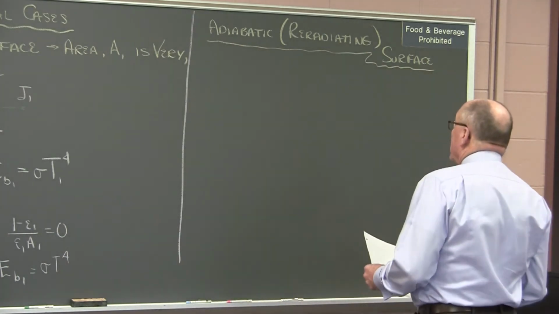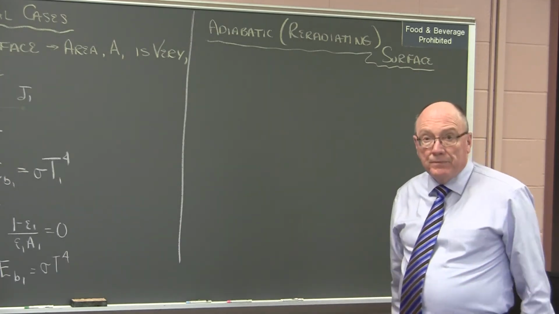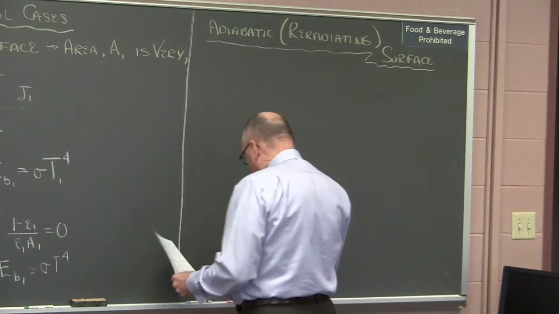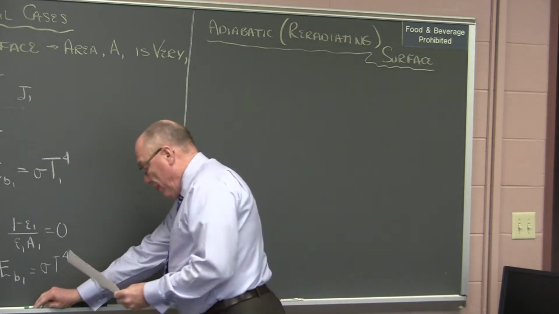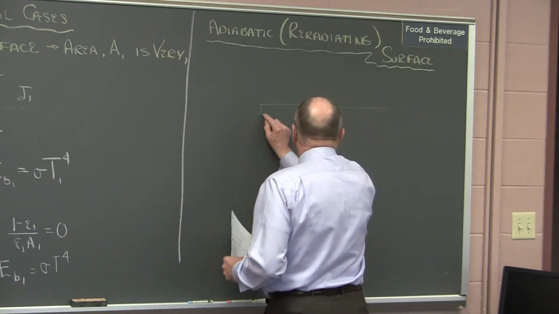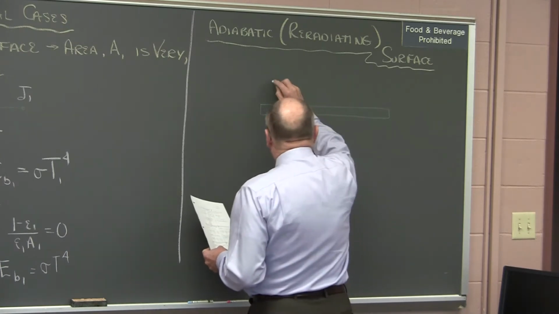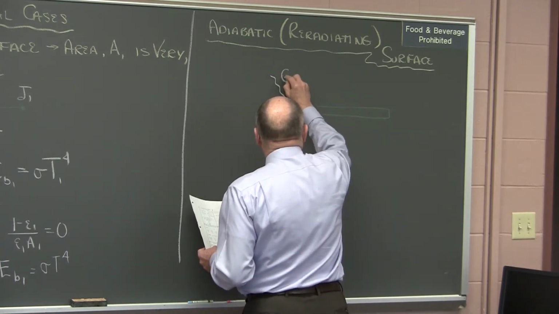Okay, an adiabatic or re-radiating surface. In other words, the net heat transfer is equal to 0. Okay? So we take the surface, like so. We still have G coming in.